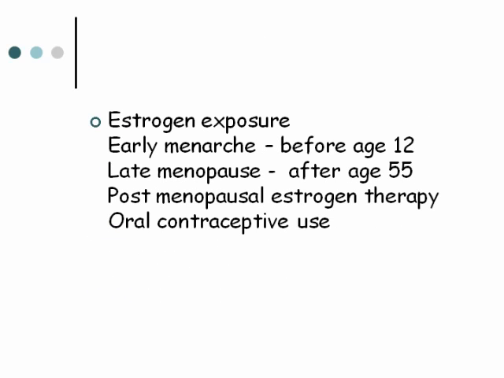If you started your period early, before the age of 12, or if you had a late menopause, meaning that you continue to have a period until, say, after the age of 55. Postmenopausal estrogen therapy has been a huge debate over the last 10 years.